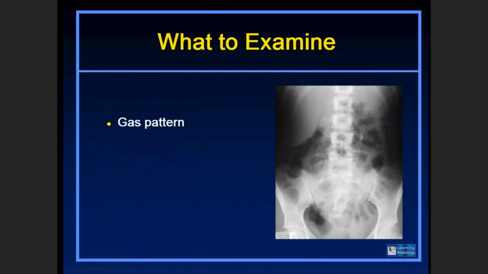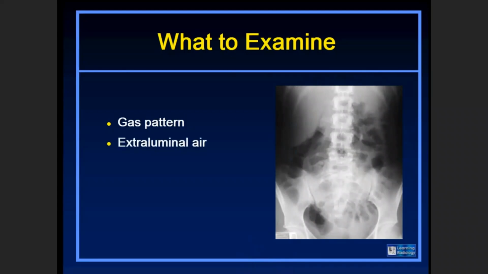Starting with what to examine, first the distribution of gas pattern. We have certain viscous structures like the stomach, small bowel and large bowel, and each organ has a certain gas distribution pattern.